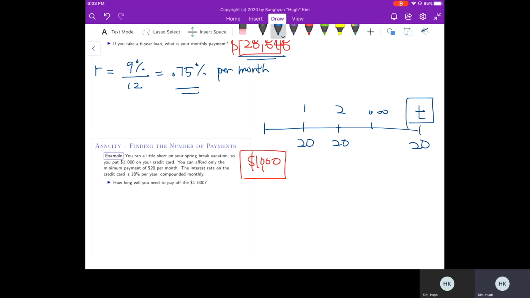And you want to know how long you're going to have to make this payment on your credit card balance, assuming that you make no further purchases on your credit card.